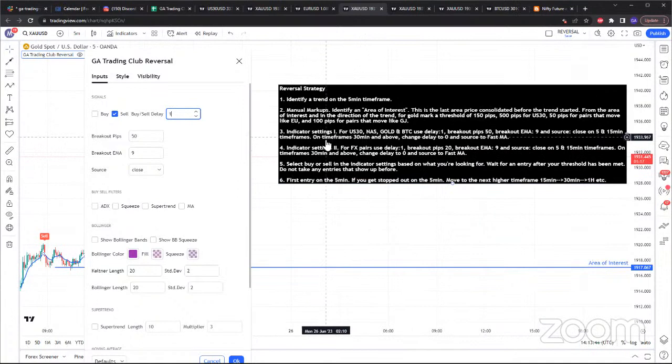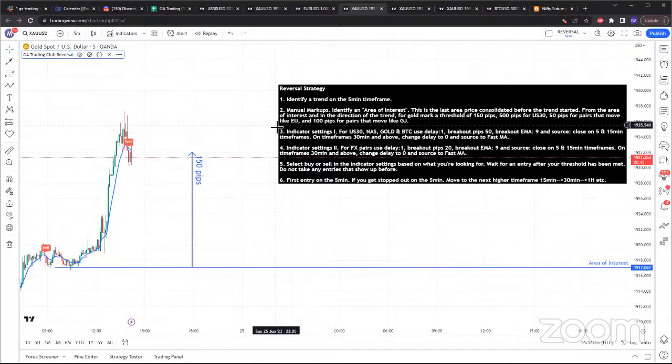And then of course on time frames 30 minutes and above, change delay to 0 and source to fast MA. Originally the strategy itself is based off of the source being close, so whether it's the 5-minute or the 1 hour, this should be static. Fast moving average just gives you safer entries, if that makes sense. So you can backtest and see how that affects that.